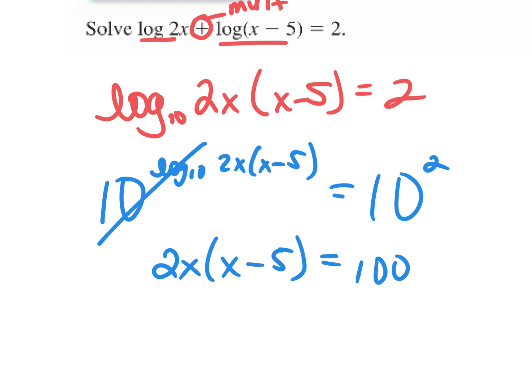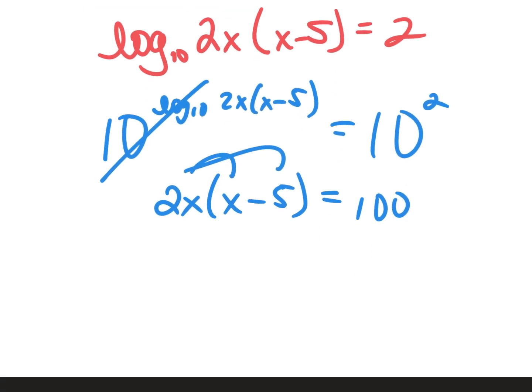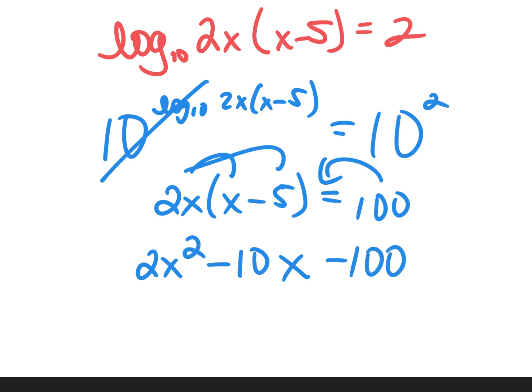Hello, algebra. What do I do? What's 2x times x? 2x squared. What's 2x times negative 5? Negative 10x. And then can I move this 100 over? So minus 100 equals what? 0.